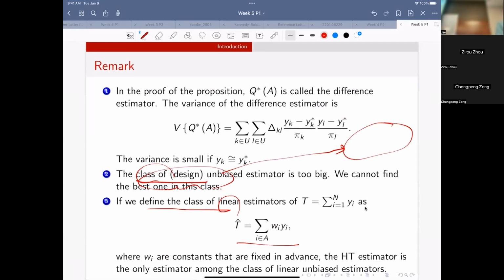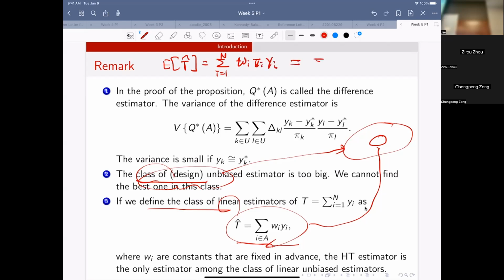So then how about this class? This class is a small class. It turns out that this class contains only one element, which is the Hurwitz-Thompson estimator. Why? Because we want the sum of wi times the indicator times yi to have expectation yi for all y.